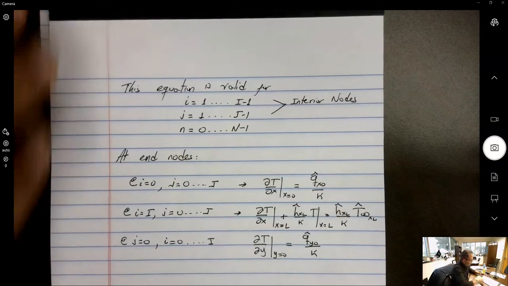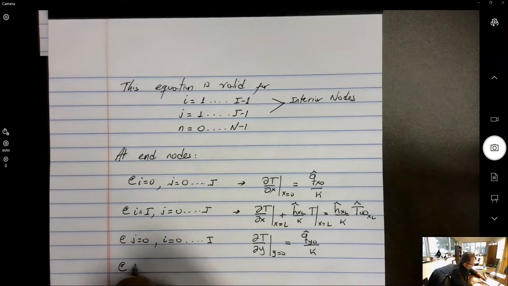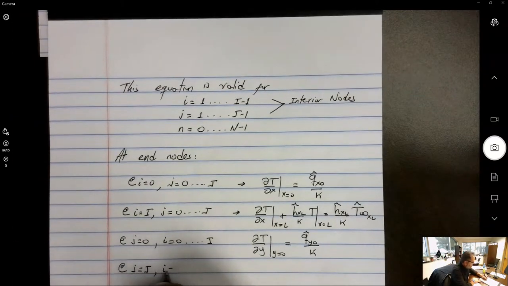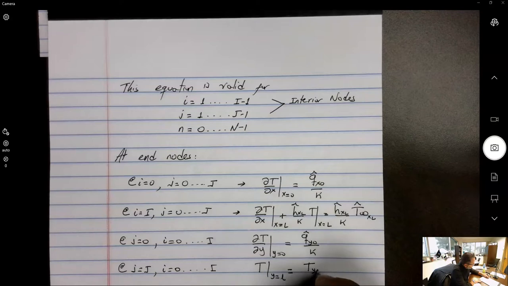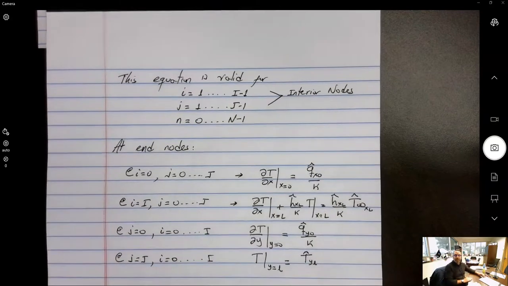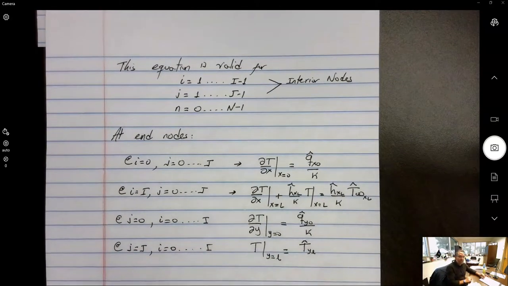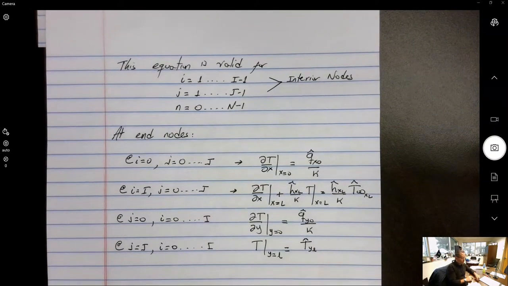And finally, at j equal big J in all values of i, we'll have T at y equal L is equal to T_yL, the first kind of condition, so that we don't need to implement any derivative approximation, it's just the temperature given as such.